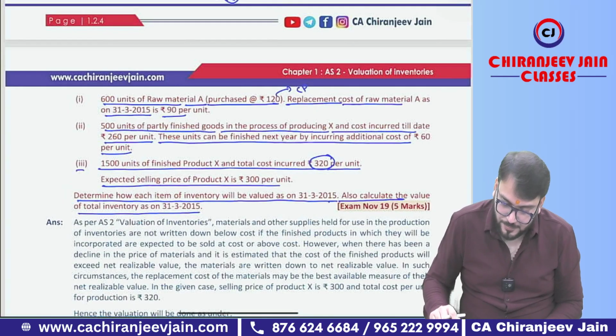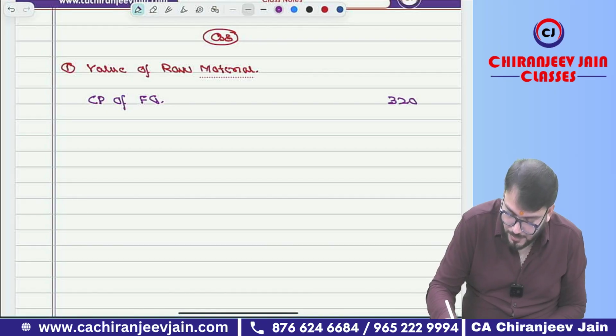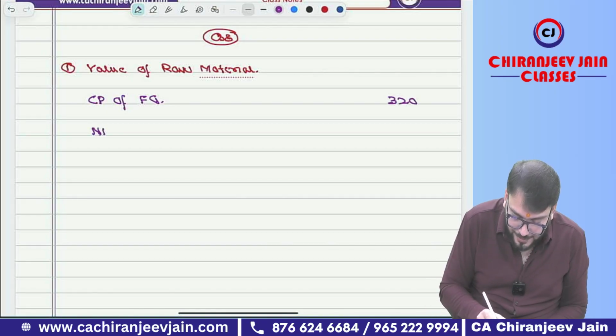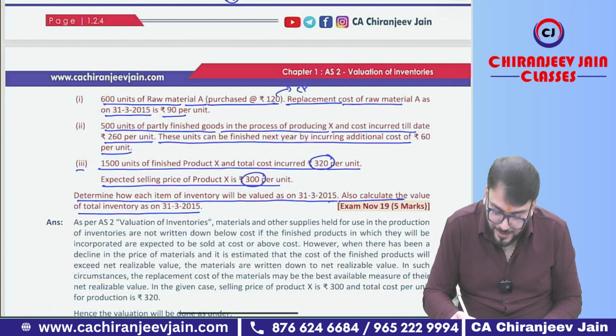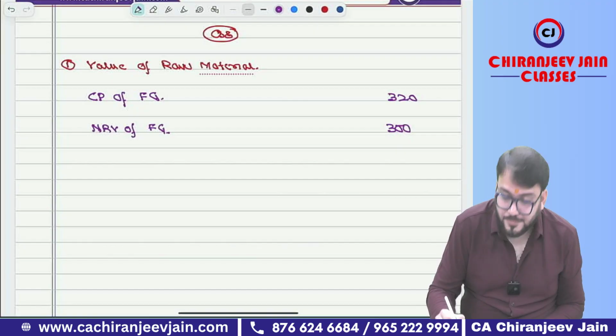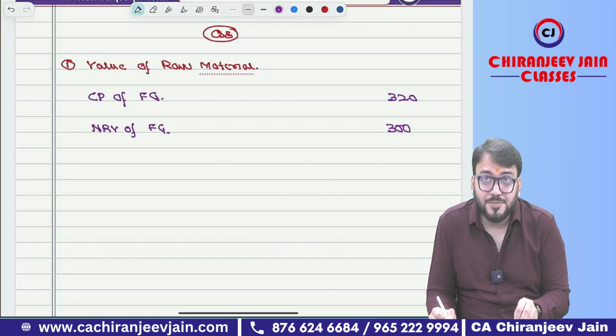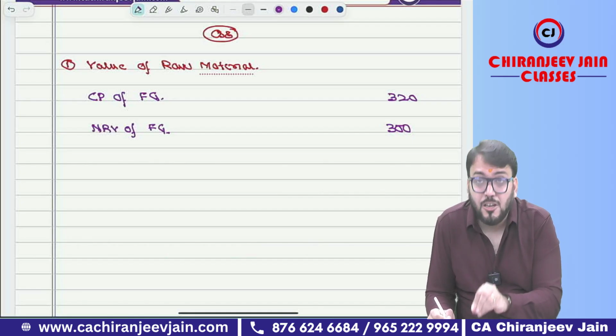You can see it is 320. And what is the NRV of finished goods? The NRV of finished goods is 300. Correct. So in the given case, finished goods are expected to be sold at loss.